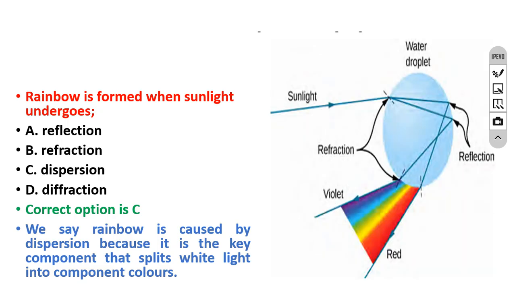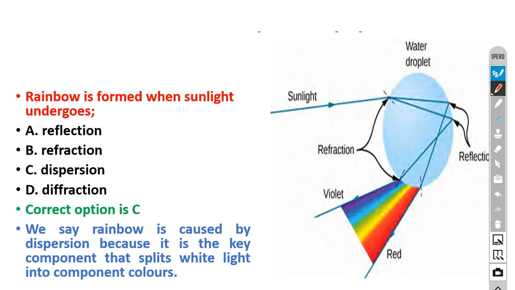Looking at the figure, this is sunlight. It passes through a water droplet. There is a change in speed and direction here, which is refraction.